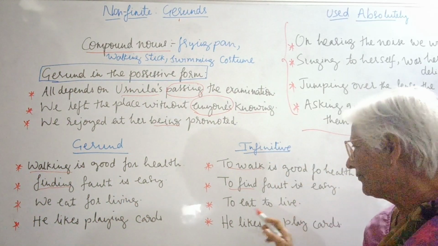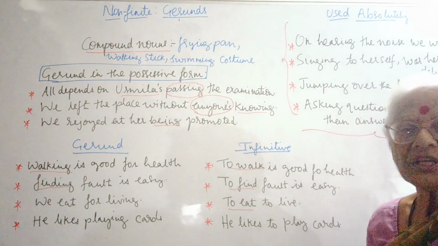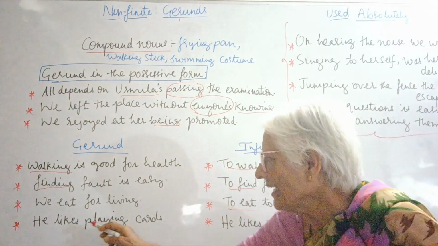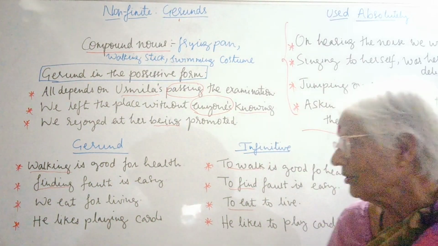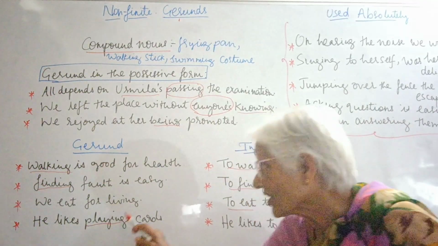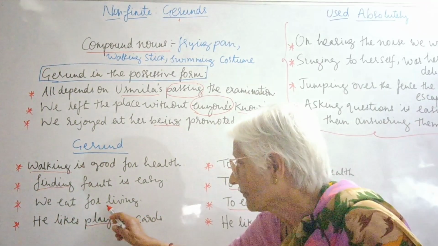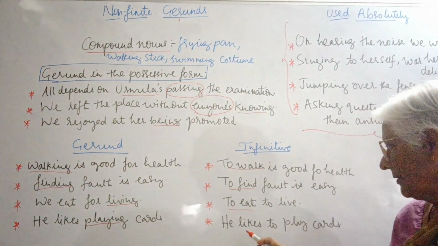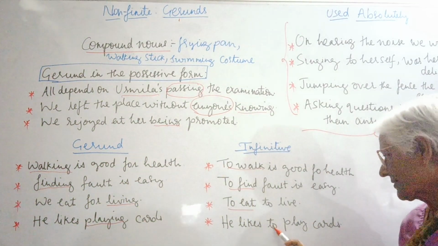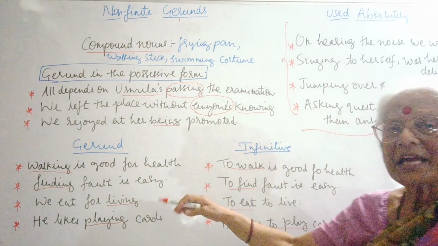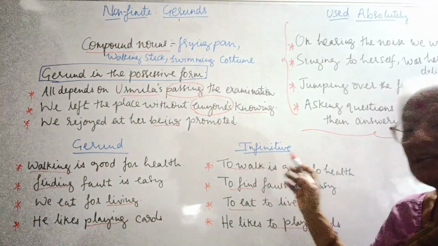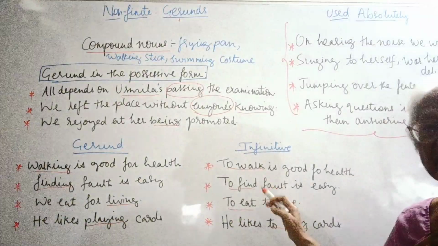We eat to live. He likes playing cards. Playing here, likes what? Playing. This is a gerund. He likes to play cards. So gerunds can be framed as infinitives also. Bear this in mind.